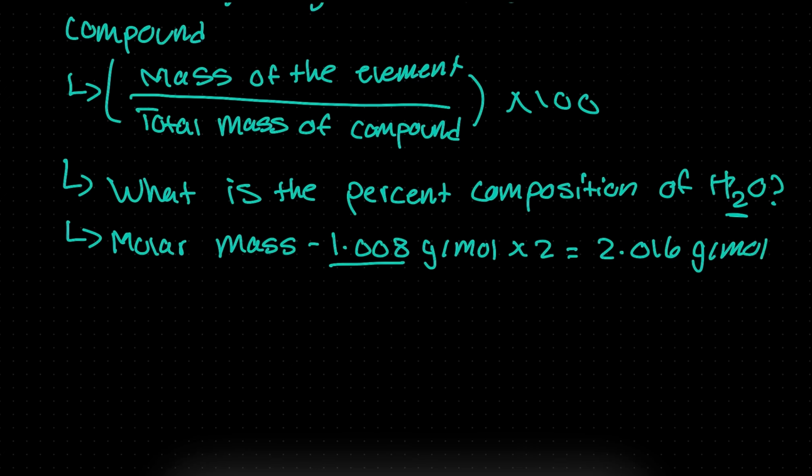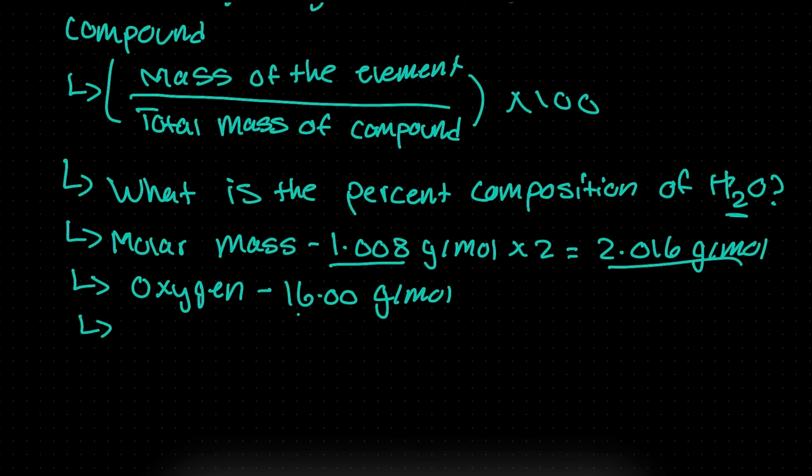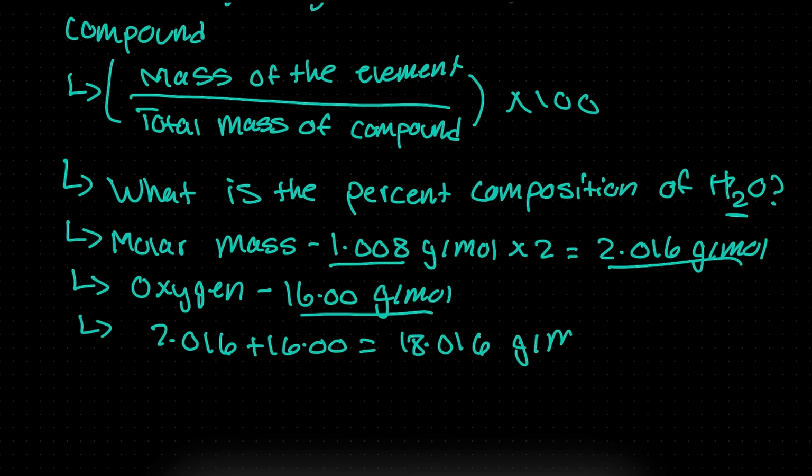Next, you have to get oxygen, which is 16.00 grams per mole. Now what you want to do is add up both of these numbers because that's your total compound. 2.016 plus 16.00 is equal to 18.016 grams per mole.